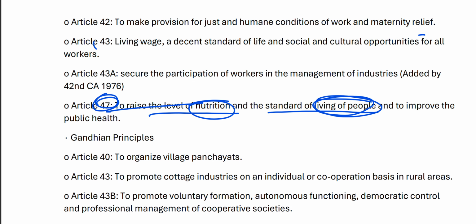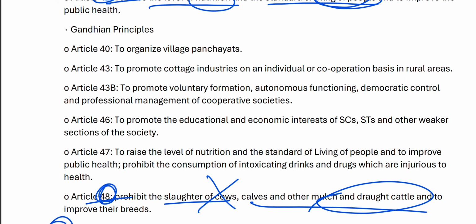And 44 is Uniform Civil Code. 43 is related to the workers. 43A is participation of the workers in the industries. 43 again has cottage industries, and 43B is related to the cooperative societies. 42 is the standard of work, just and humane work, and maternity relief. 41 is right to work.